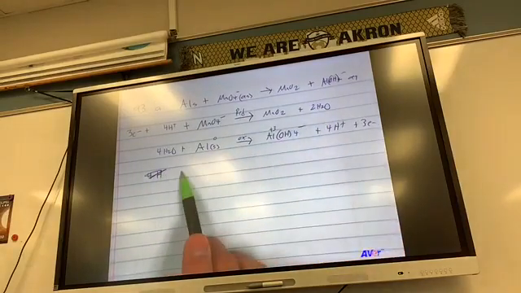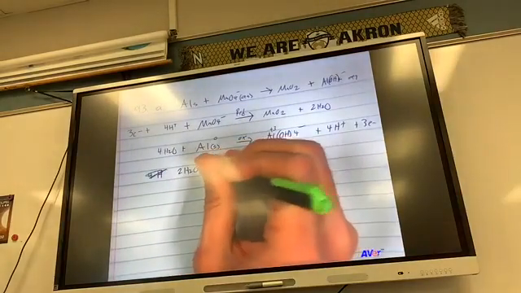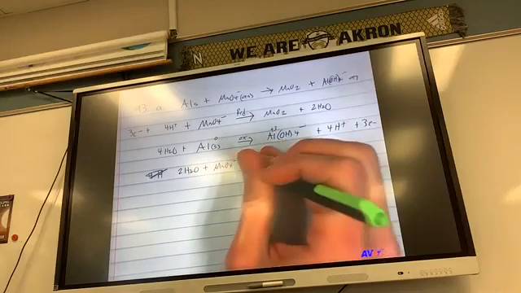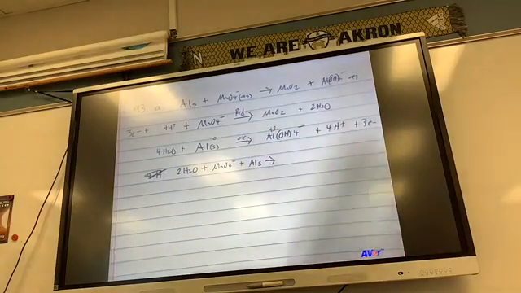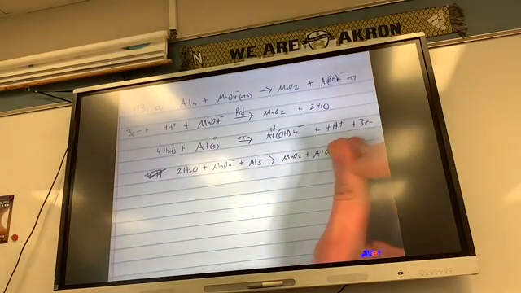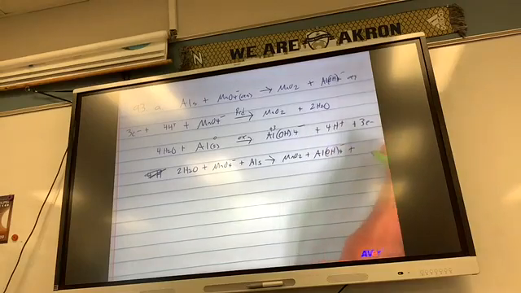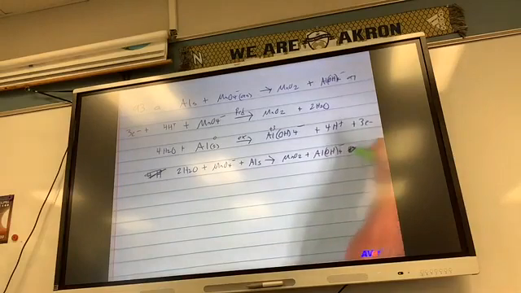So the left side's going to have 2H2O plus MnO4 minus plus Al solid yields MnO2 plus Al(OH)4 minus. Or is that it? That's it.